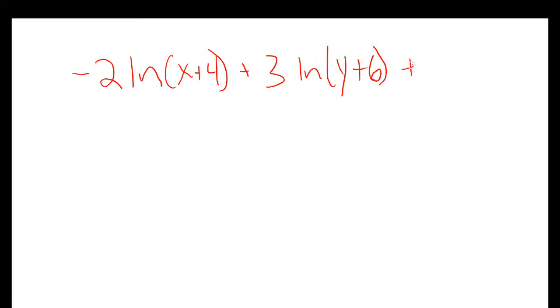All right. Let's go ln. Let's go 2ln. Let's go negative 2ln(x plus 4) plus 3ln(y plus 6) minus 5ln(z plus 1).